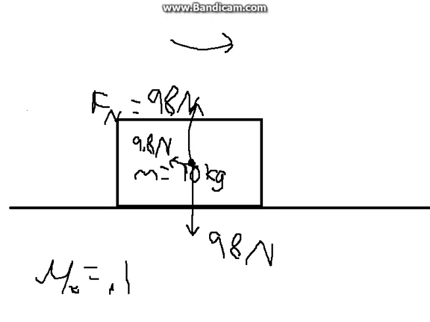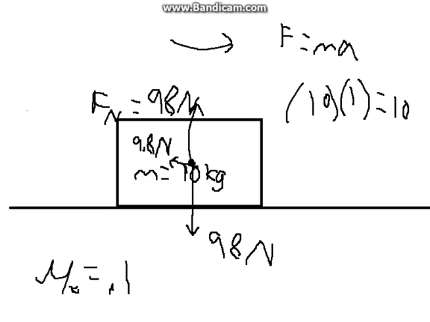So if the overall acceleration of the box is 1 meter per second squared to the right, we know from Newton's laws that net force is equal to mass times acceleration. If acceleration is 1 and the overall mass is 10, that means the net force on the box needs to be 10 newtons.